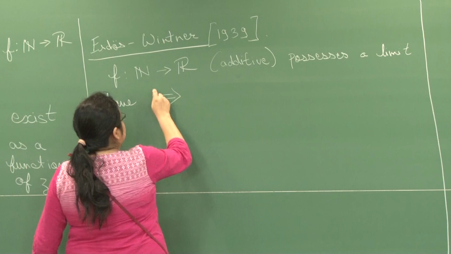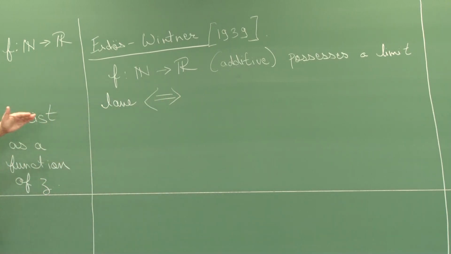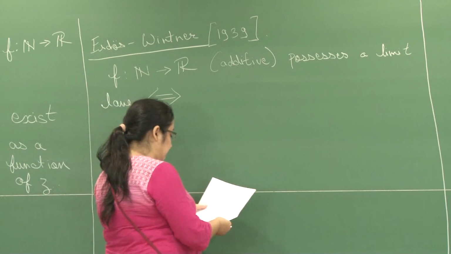If and only if, I will give you 3 different series, and we can find some region where those series will converge simultaneously.